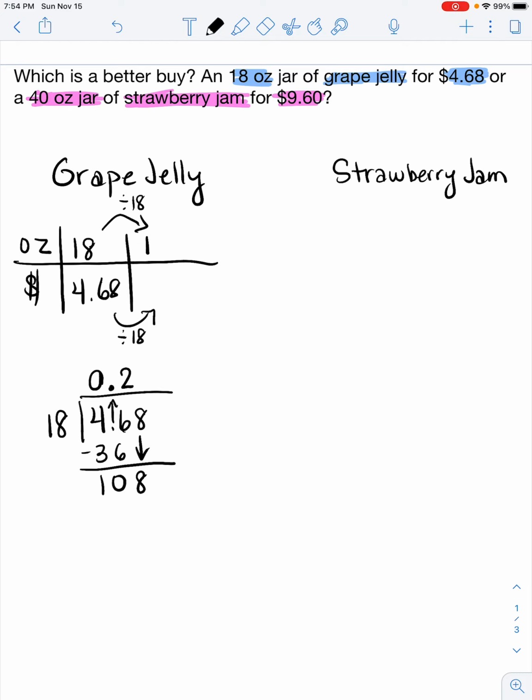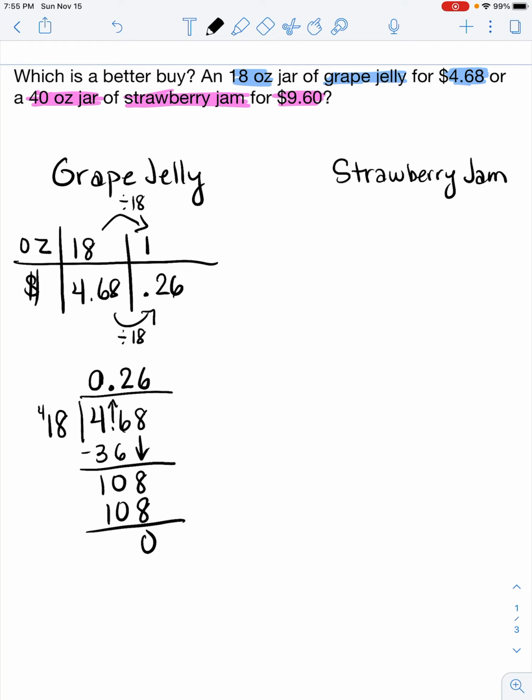I know that 9 times 12 is 108. And if 18 is twice as much as 9, it goes in half as many times. So if 9 times 12 is 108, 18 times 6 is 108. And let's make sure. 6 8s are 48. And 6 and 4 are 10. And here we go. And so we have 26 cents per ounce.